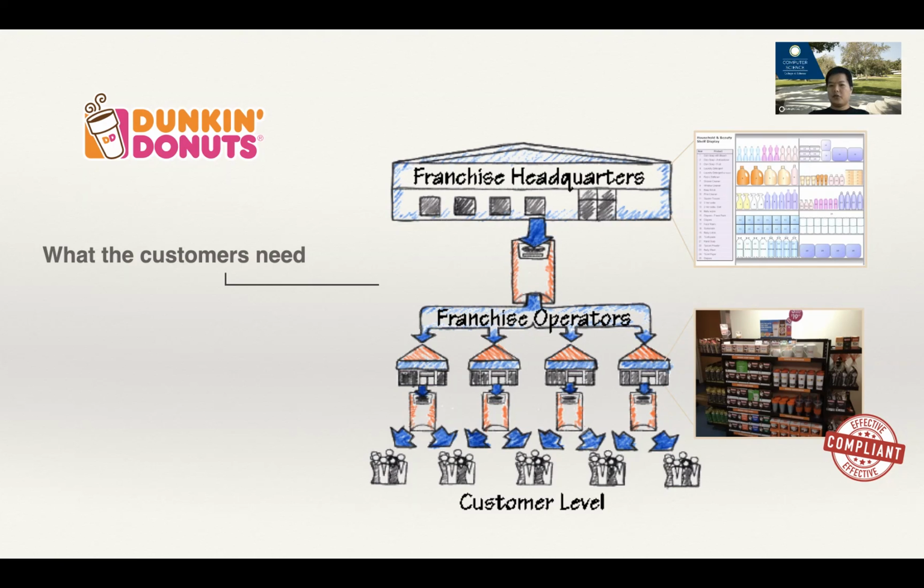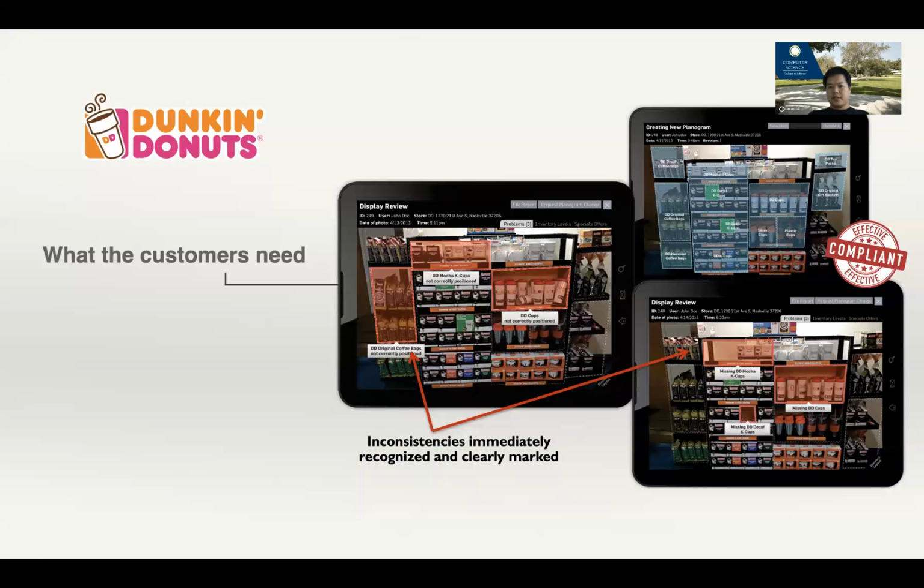However, they said they have no idea how the stores are following this design and whether what they're doing is correct or not. So they asked, can you use your technology to take a picture and automatically recognize whether these bags and mugs are placed correctly or not? If not, can you highlight them and tell them the information?